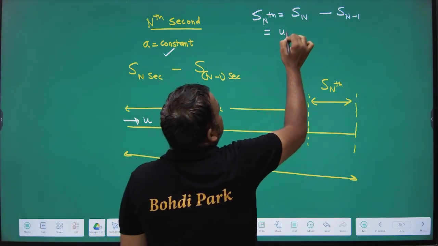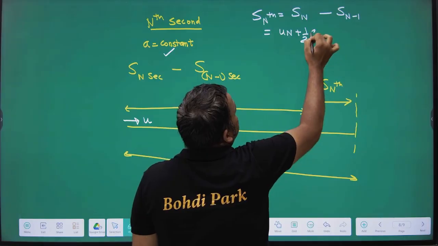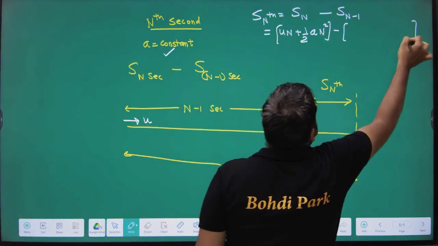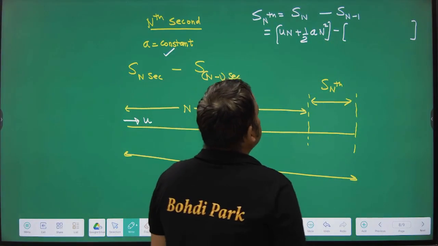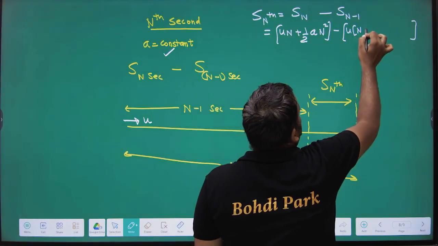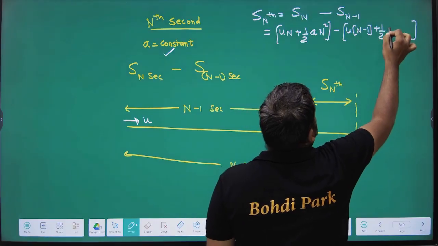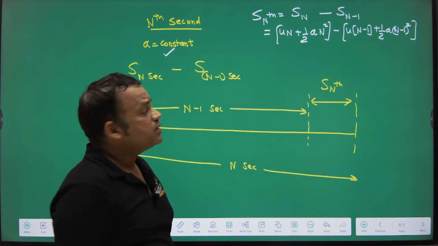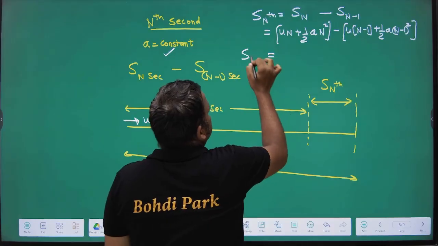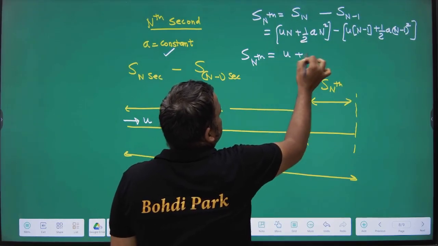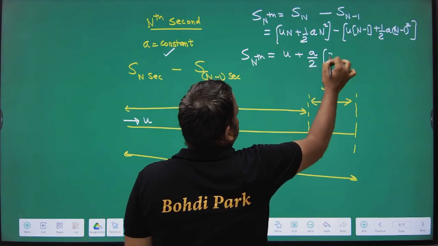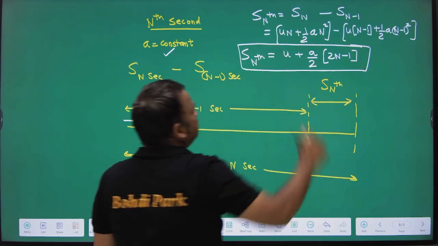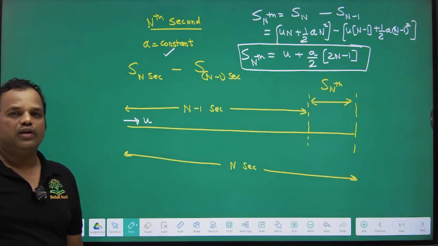So Sn will be un plus half a n square, then minus Sn minus 1, which will be u into n minus 1 plus half a into n minus 1 square. If we solve this, we'll get Snth is equal to u plus a by 2 into 2n minus 1.